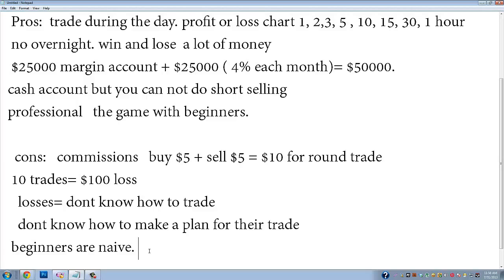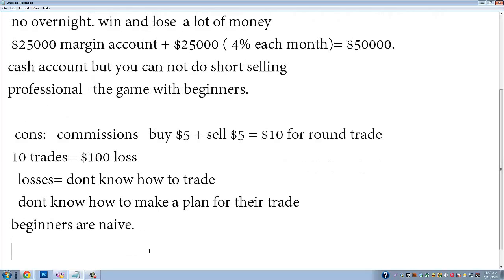I don't know from where they got this money, but they don't think about the disadvantages. If you don't know how to trade and you don't have experience, experience is a disadvantage. It means no experience.